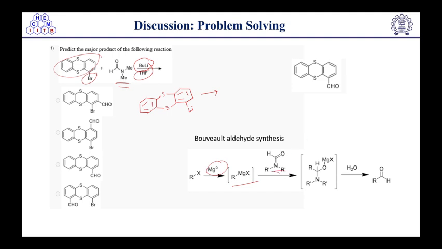If you see the actual mechanism of Bouveault aldehyde synthesis, here you can see that this oxygen, so this is an aldehyde and this is the carbonyl center, correct? So this is the electrophilic center and we have the Grignard reagent here, right? So R minus will attack on this center and it will open, the same as in a Grignard reaction.